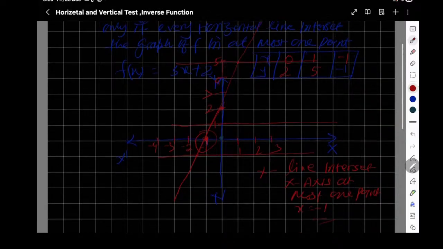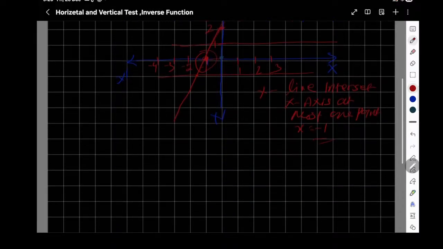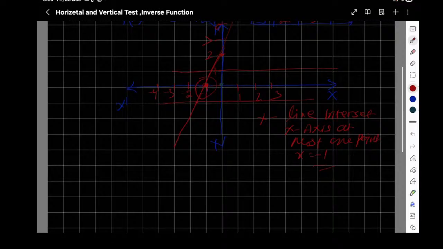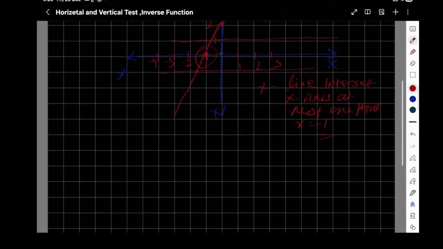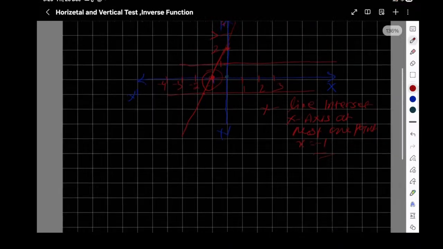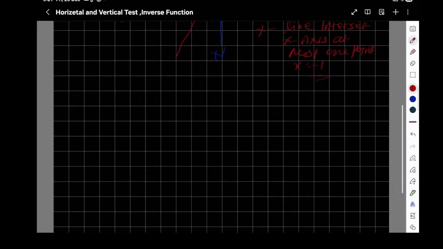I have drawn three lines, and each intersects the graph at only one point, so every point on the graph is unique. That graph is one to one. Every time the graph intersects at one and only one point, it is a one to one function, and the inverse function exists.